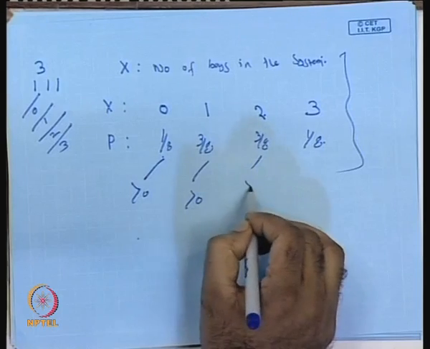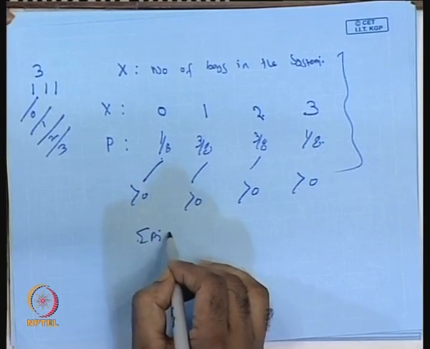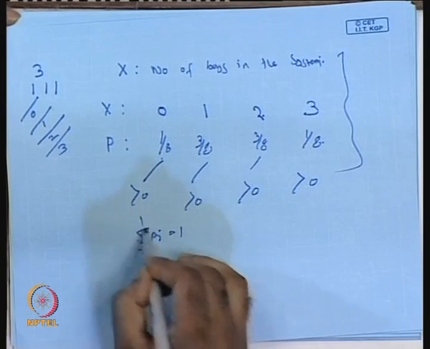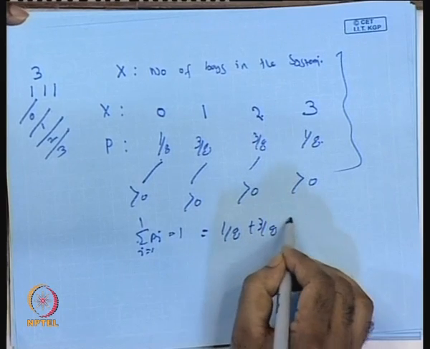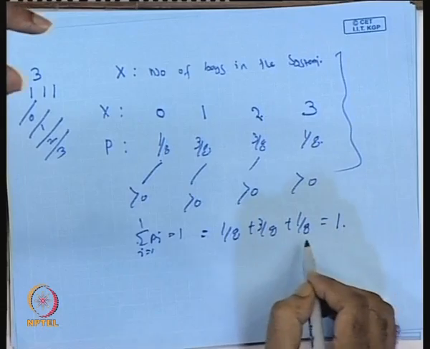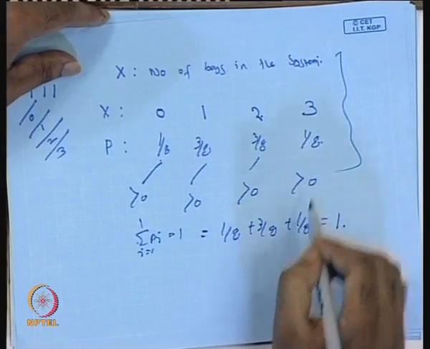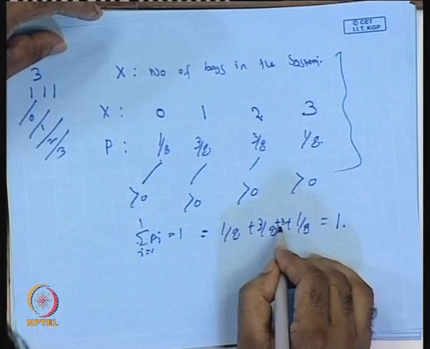What are those conditions? In every case the probability is greater than 0, and the sum of p(xi) should be exactly equal to 1. That means 1 by 8 plus 3 by 8 plus 3 by 8 plus 1 by 8 should be exactly equal to 1.